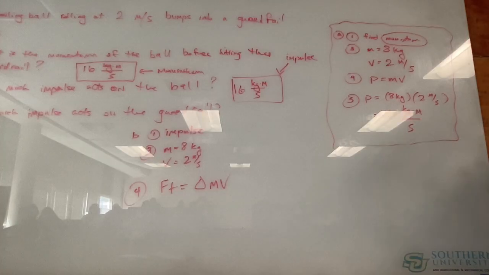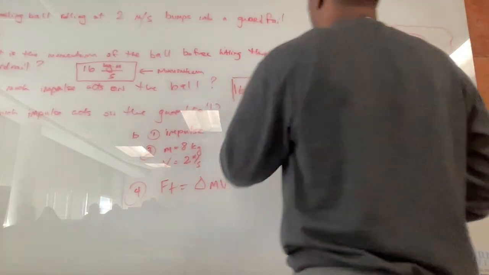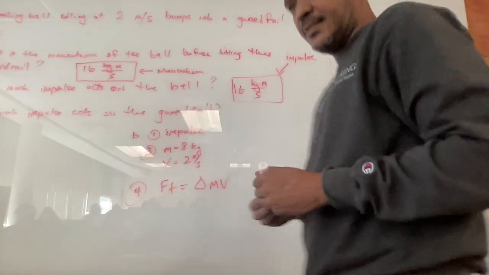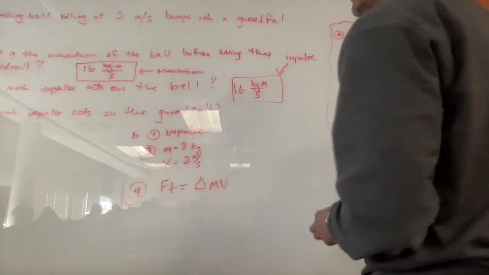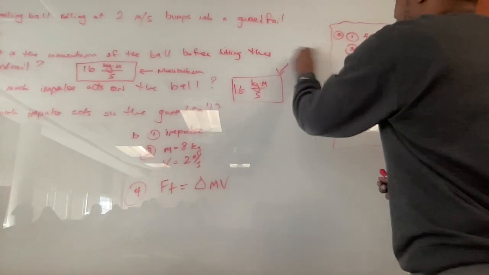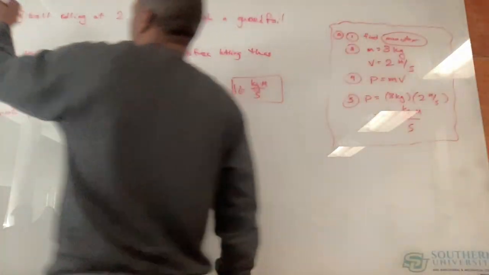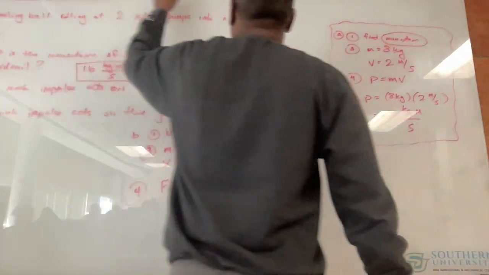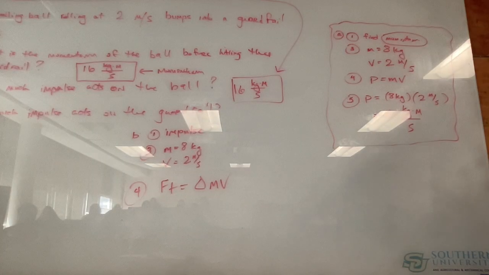All right, and it goes back to, how about let's do this. Say this, impulse, right? Okay. This is B right here.